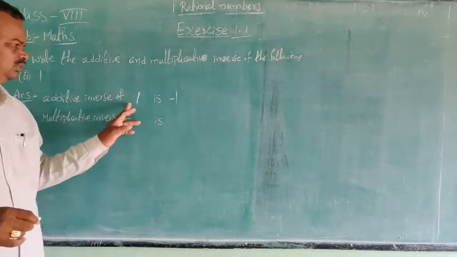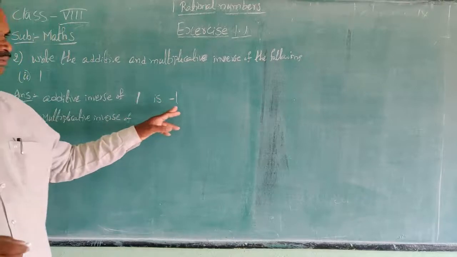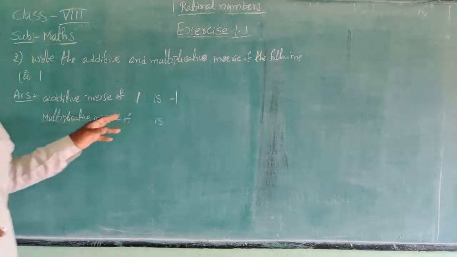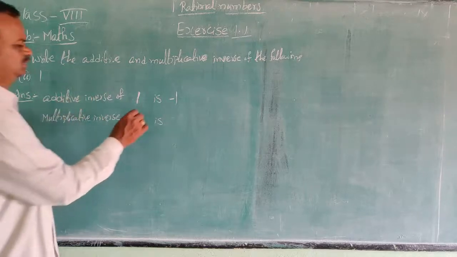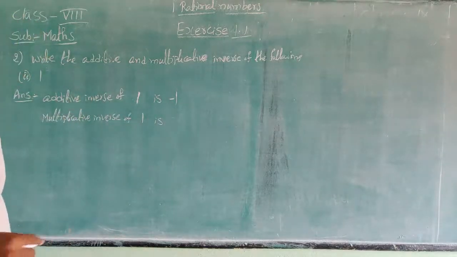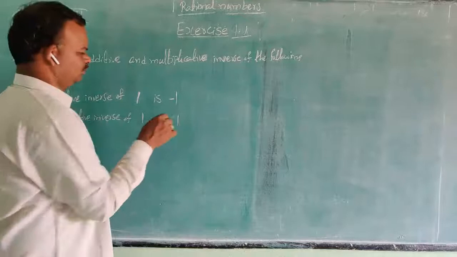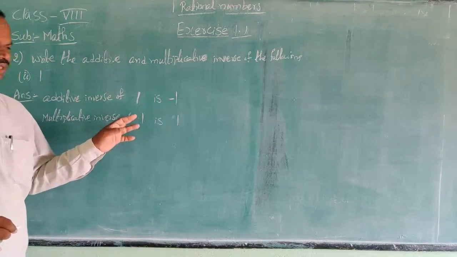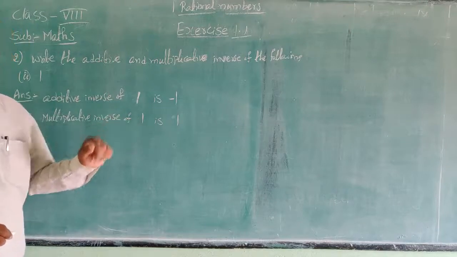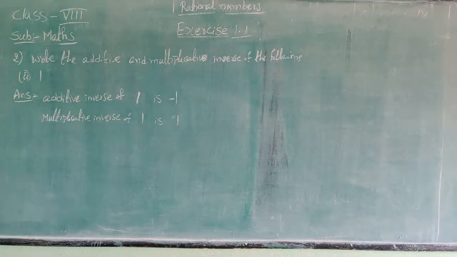Here plus 1 is there, so the additive inverse is minus 1, and next one is the multiplicative inverse of 1, which is 1. That means the reciprocal of the number. Already told, the reciprocal of the number, that means 1 by 1. 1 by 1 is equal to 1.